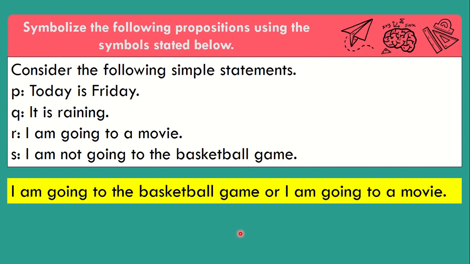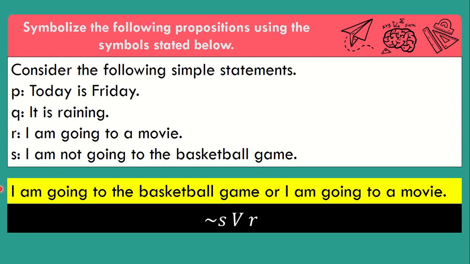Another example. I am going to the basketball game or I am going to a movie. So we have here negation of S, V, R. Why? Look at this. The statement S is I am not going to the basketball game.